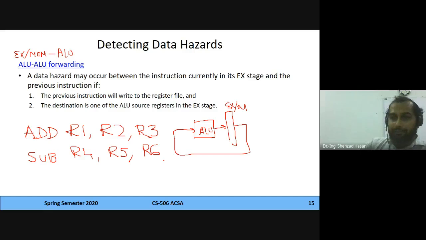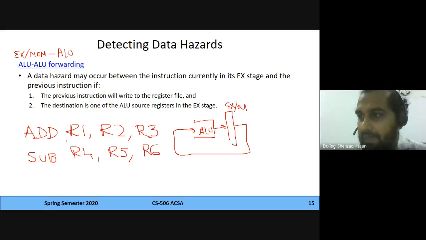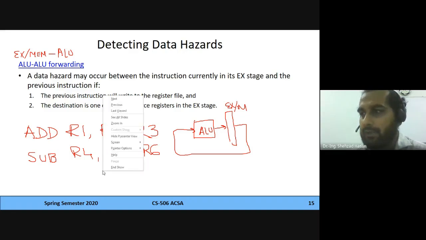Is there going to be a data hazard over here? Anyone? No, sir. No, because there is no dependency. You can see here subtract is not depending on the result from the add instruction. It's using R5 and R6, and these results are already there in the register file, so it's going to move. There is no problem in this way.